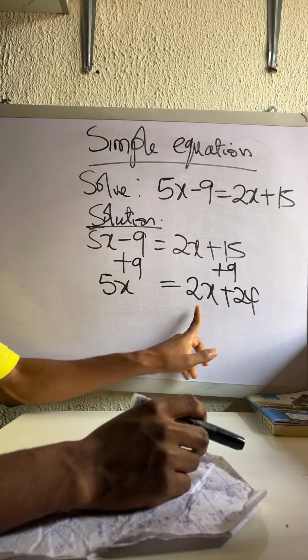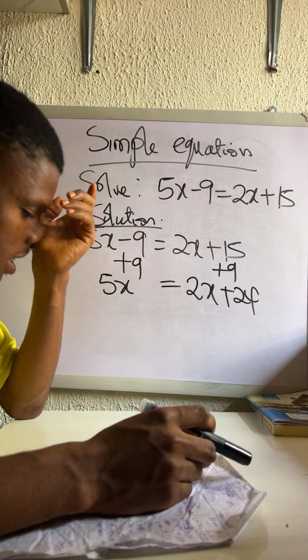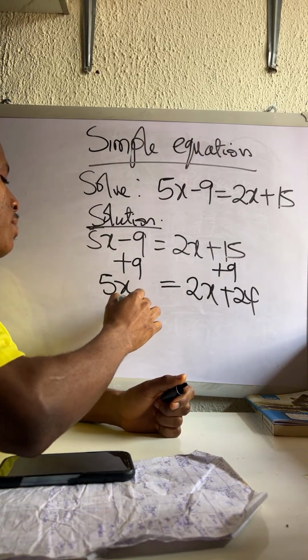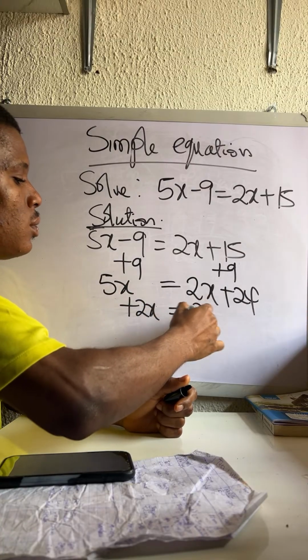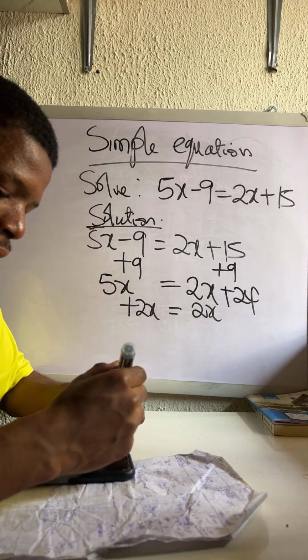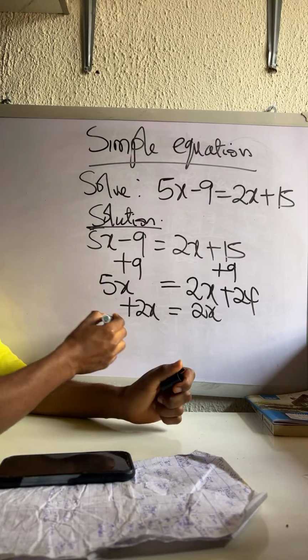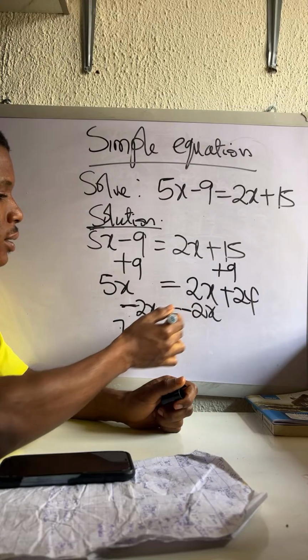So here we still have 5x, and we still have 2x here. So we can simply subtract 2x from both sides. I made a mistake, subtract.